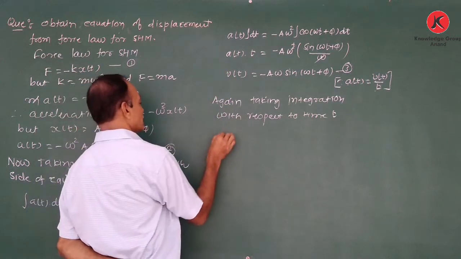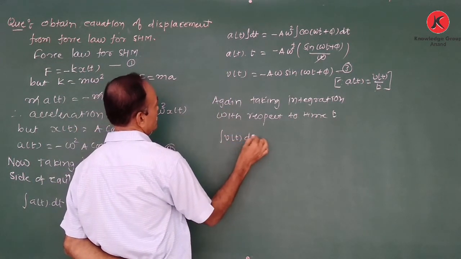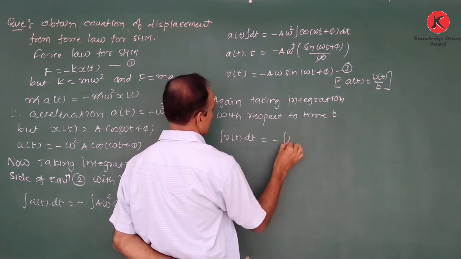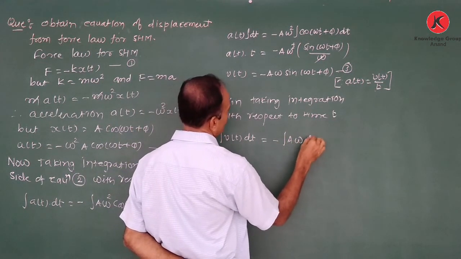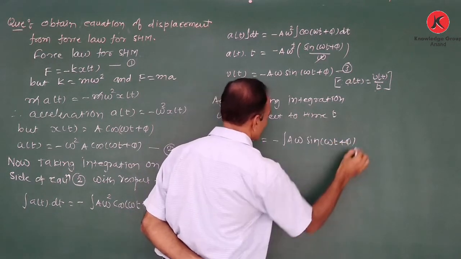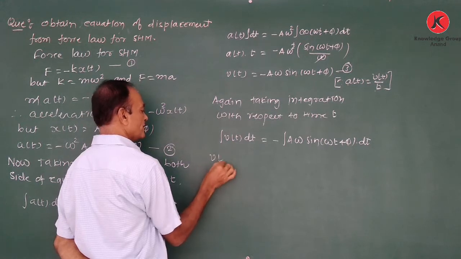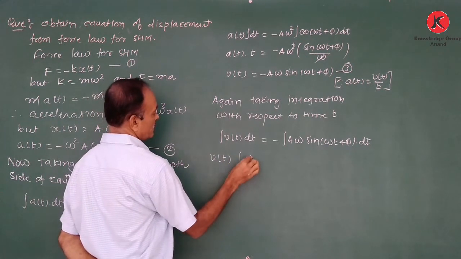Therefore, integration of v(t) dt is equal to minus integration of A omega sin(omega t plus phi) dt. So here v(t) integration of dt.